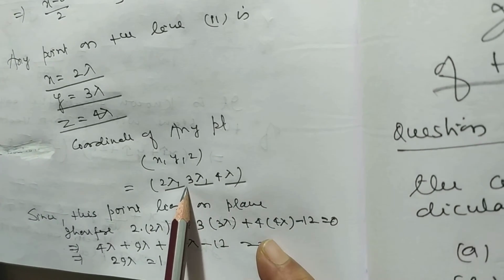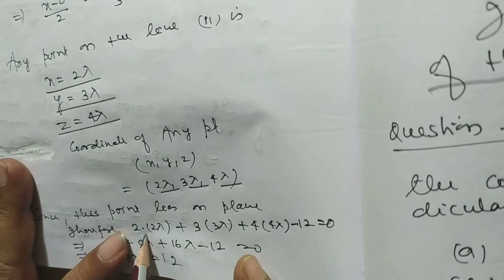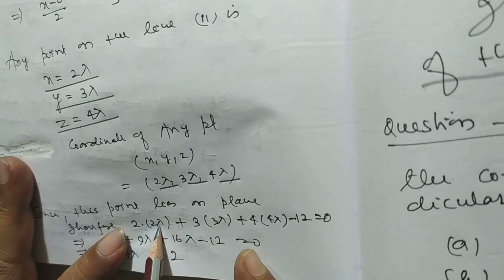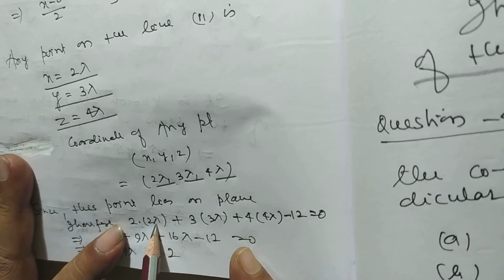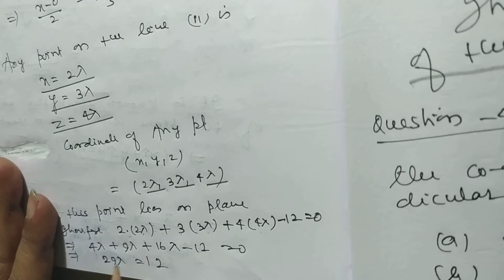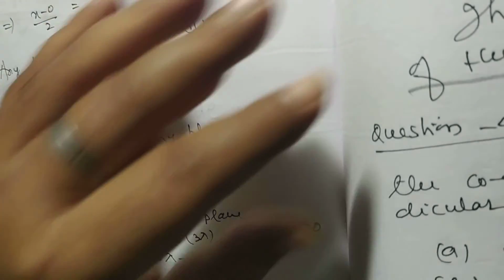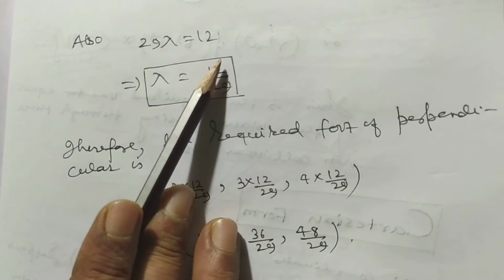Since this point lies in the plane, we put the value of x = 2 lambda, y = 3 lambda, z = 4 lambda in the equation of the plane: 2 into 2 lambda + 3 into 3 lambda + 4 into 4 lambda - 12 = 0. After solving, we get 29 lambda = 12.